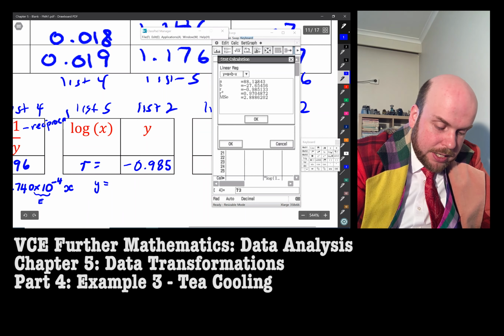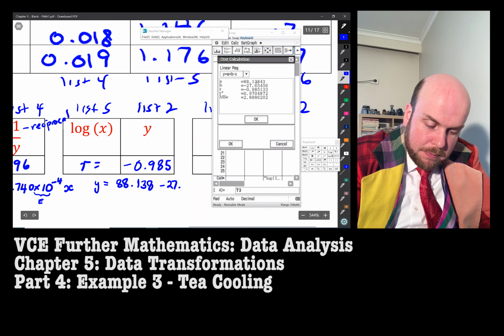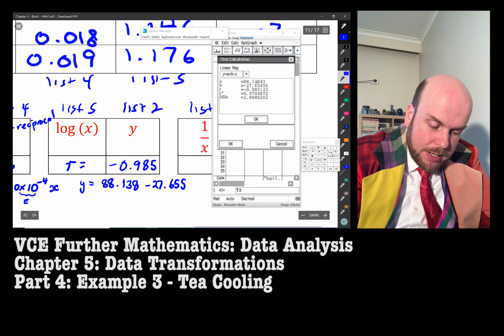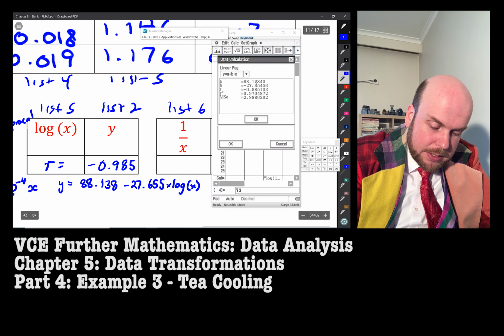And so for this one, the equation would be y equals 88.138 minus 27.655, and I'd write times log X.